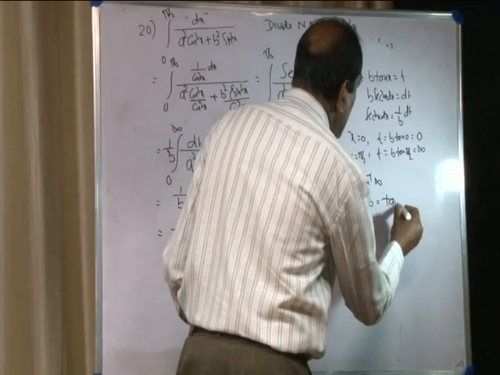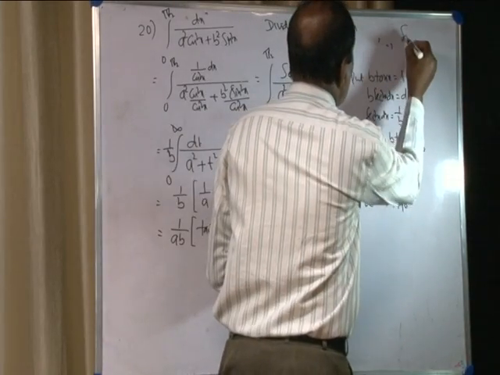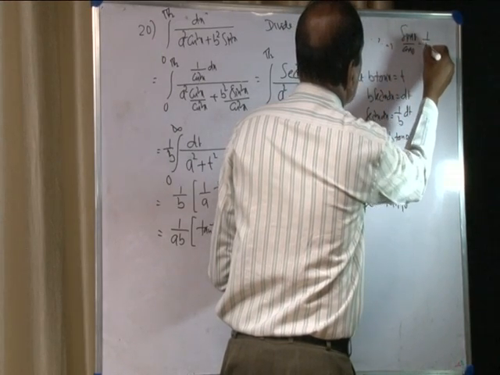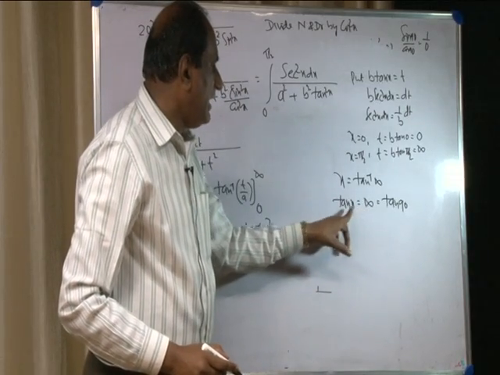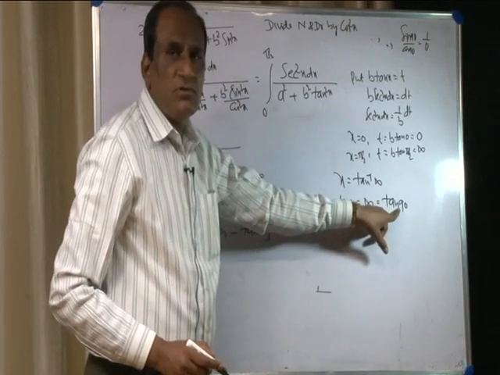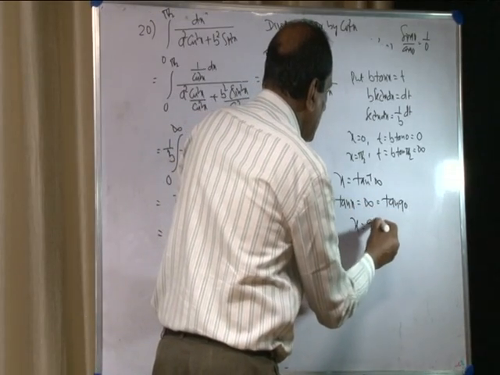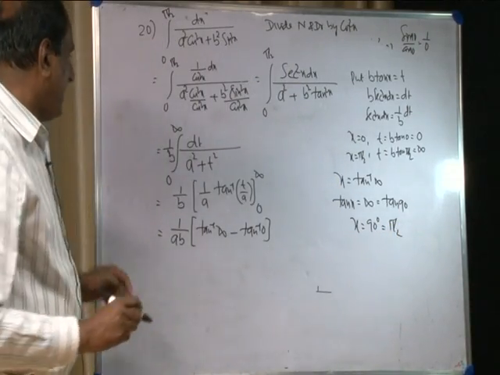So, tan 90 is infinity. How to calculate tan 90? Sin 90 by cos 90, sin 90 is 1, cos 90 is 0, so 1 by 0 is infinity. So, tan x is equal to infinity is equal to tan 90, x is equal to 90 degrees, or we can write in terms of radians, pi by 2.